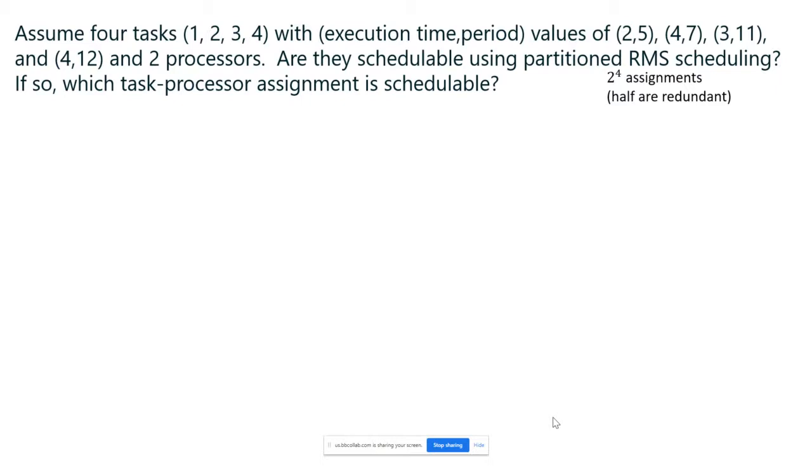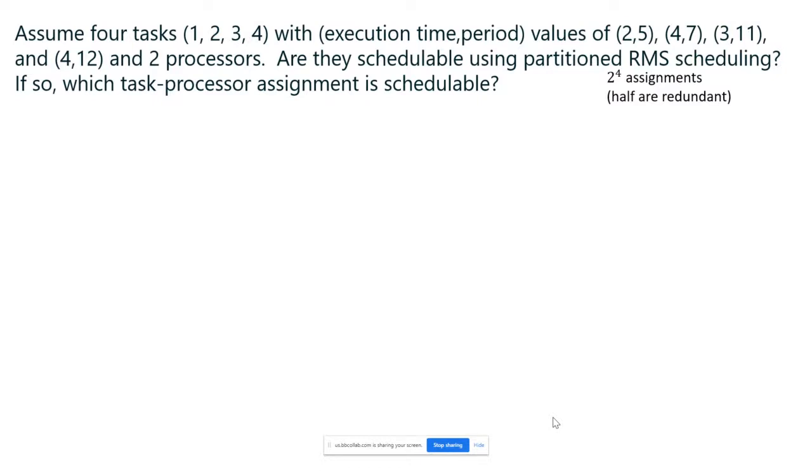However, this is actually not really true, because 2 to the 4th is 16, but in fact, there's only 8 ways. If, for example, you schedule task 1 on processor 1 and the other tasks on processor 2, or you schedule task 1 on processor 2 and the other tasks on processor 1, that's equivalent, right?